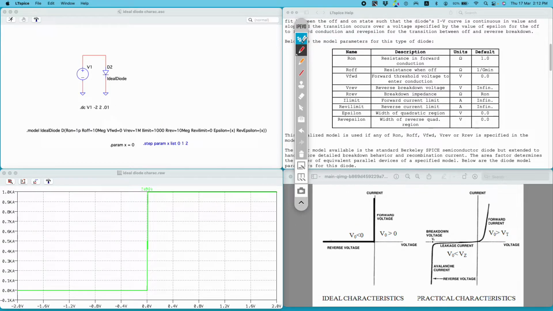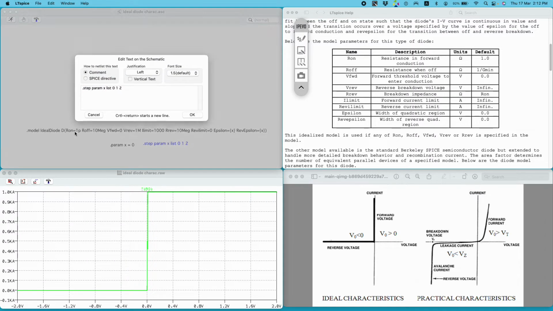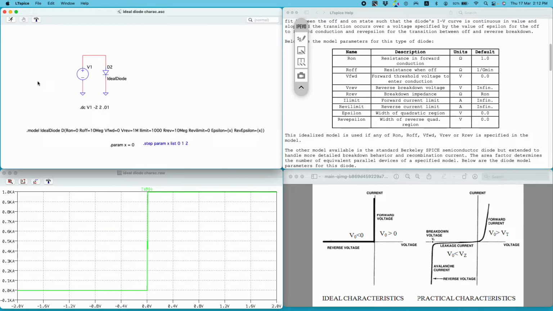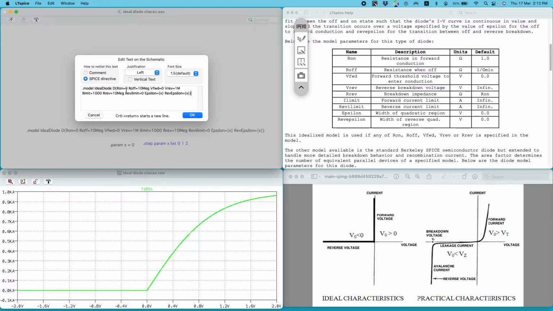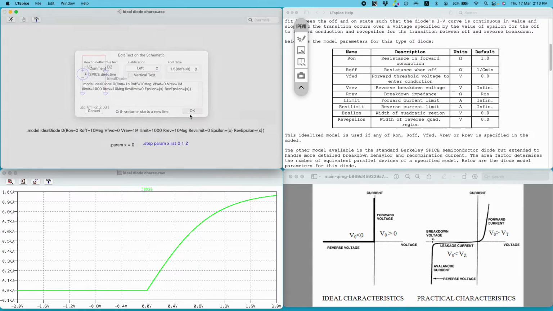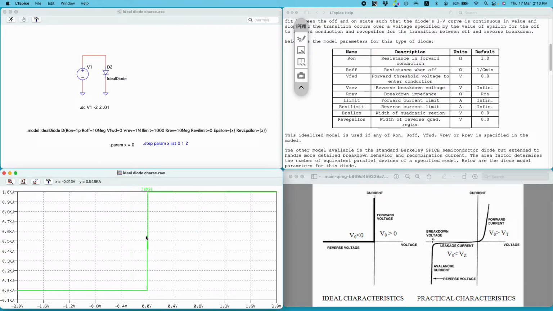I don't know if it's a bug or this is how it's supposed to be, but if you keep it 0, you no longer get an ideal diode behavior. So just keep it to the lowest possible value, slightly higher than 0, and you will get your ideal diode characteristic.